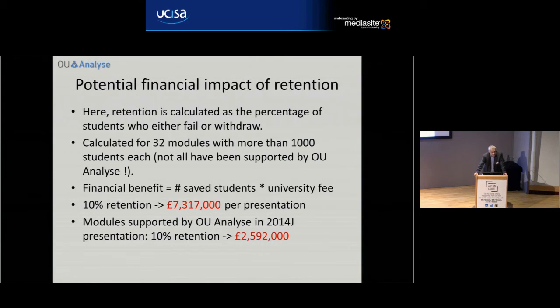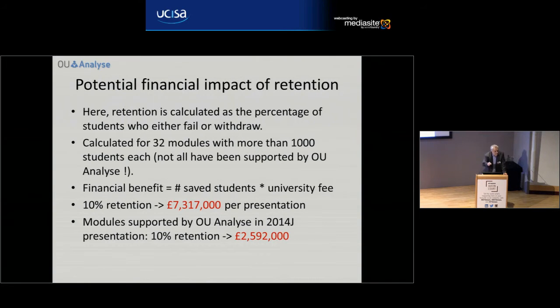And if we take into account the university fee and multiply the number of saved students, these 10%, by the university fee, we will get £7,300,000 in a single presentation.